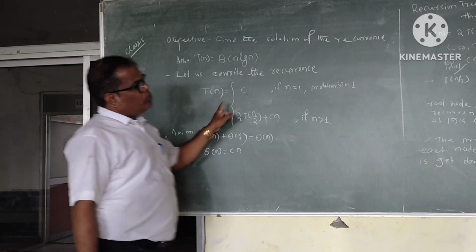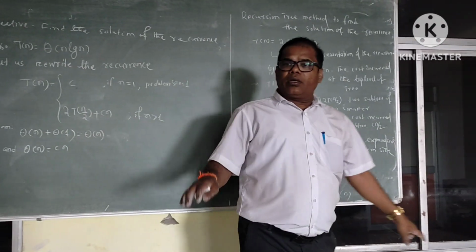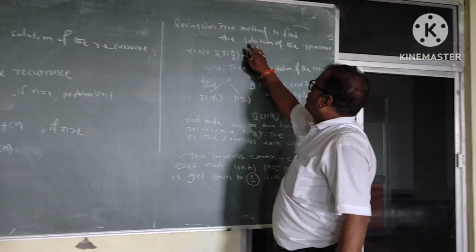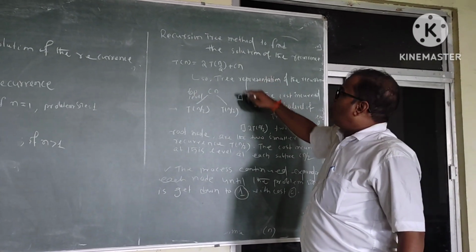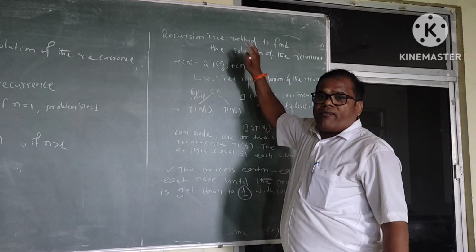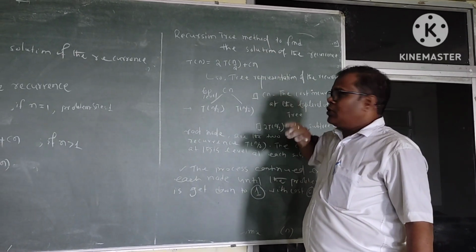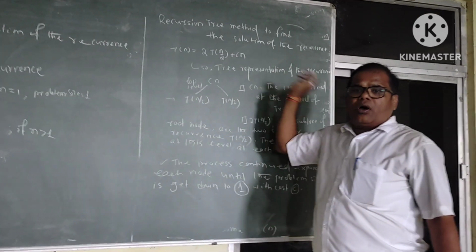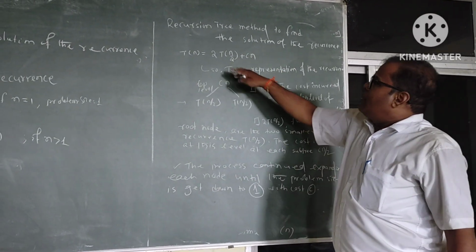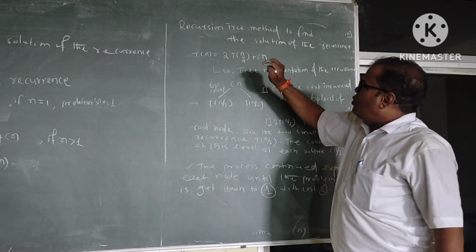So let us come to the solution of the recurrence. We have taken one approach called the recursion tree method for finding the solution of the recurrence. We have written this recurrence equation: T of n equals 2T n by 2 plus cn.